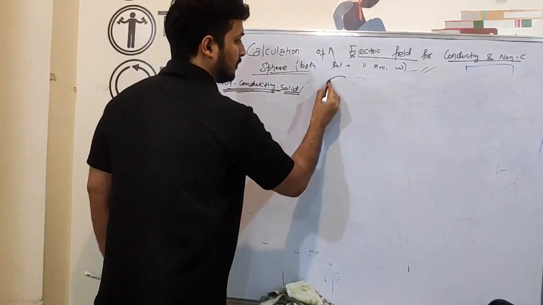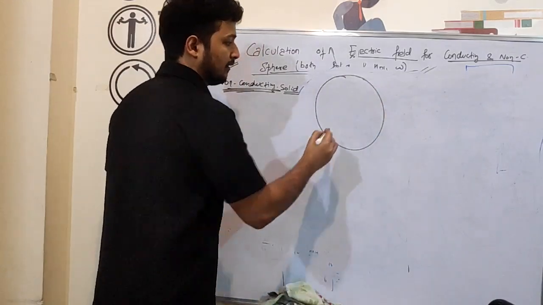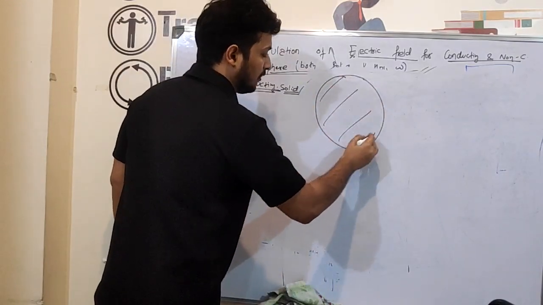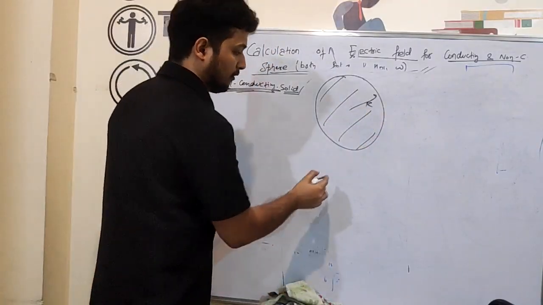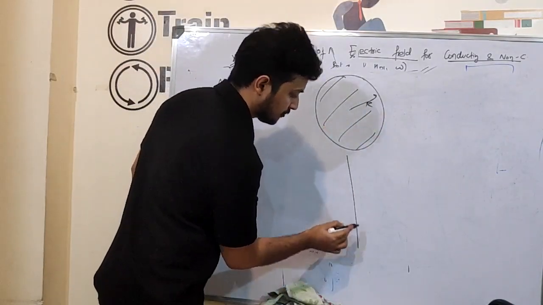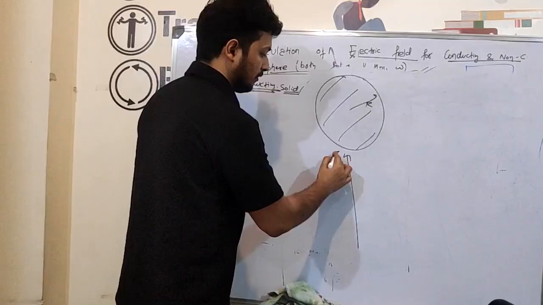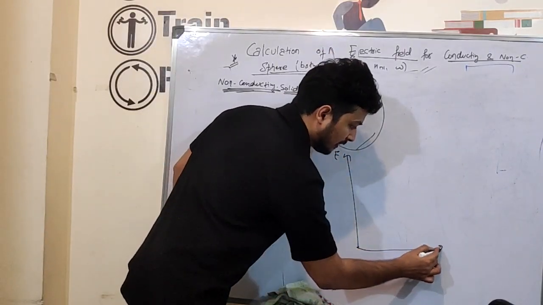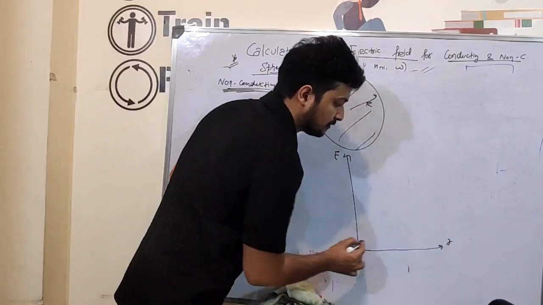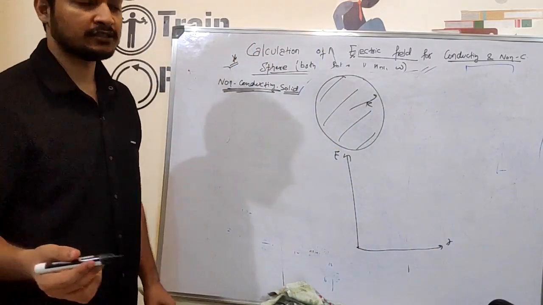So if this was my non-conducting sphere, and this was my radius R, we are again going to plot it from the center. This is my y-axis carrying the electric field, and this is my x-axis carrying the separation, that is the distance r.